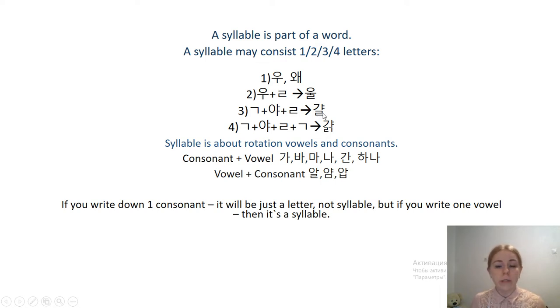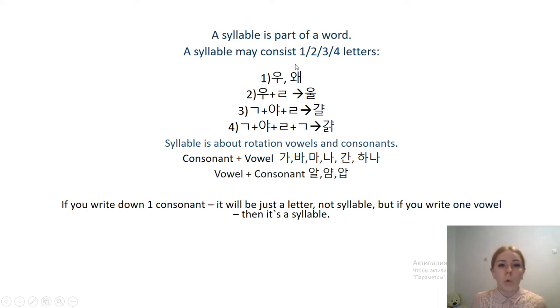So all the letters in Pachim are always on the first floor. Ul is the same situation. L is on the first floor, so it's in Pachim. And kal, l is again in Pachim. Kalg: here there are two letters in Pachim, and they are also on the first floor.